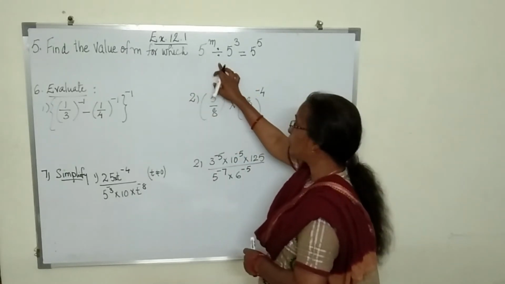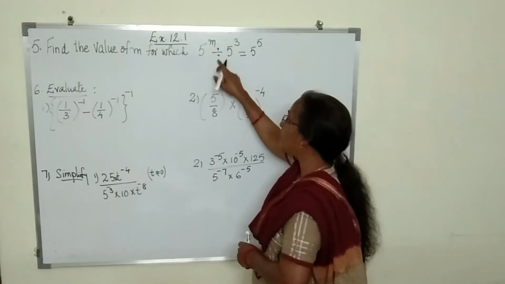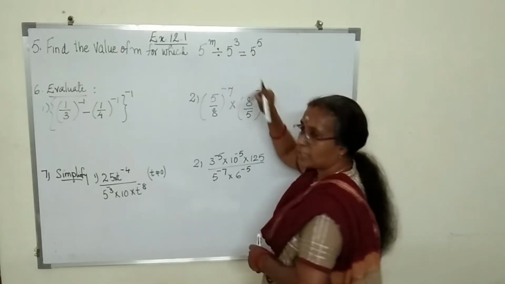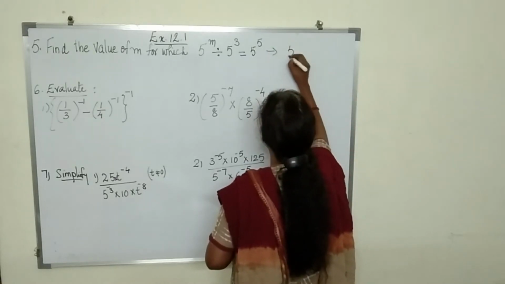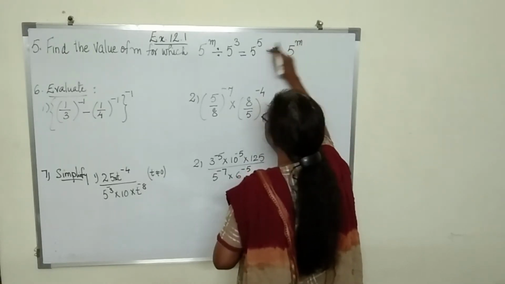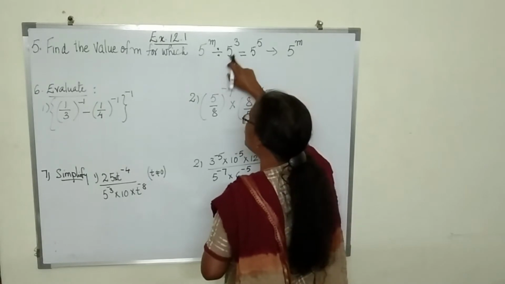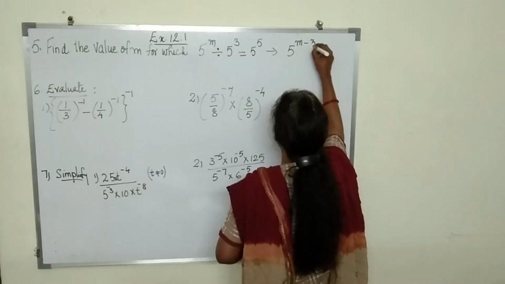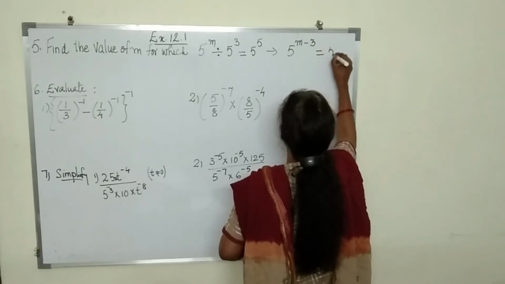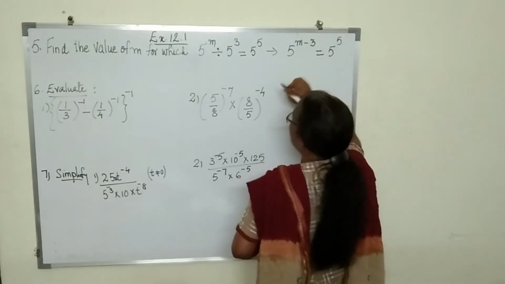Division means quotient rule. Whenever it is division, what do we do? Subtract the powers. 5 raised to m minus 3 is equal to 5 raised to 5.